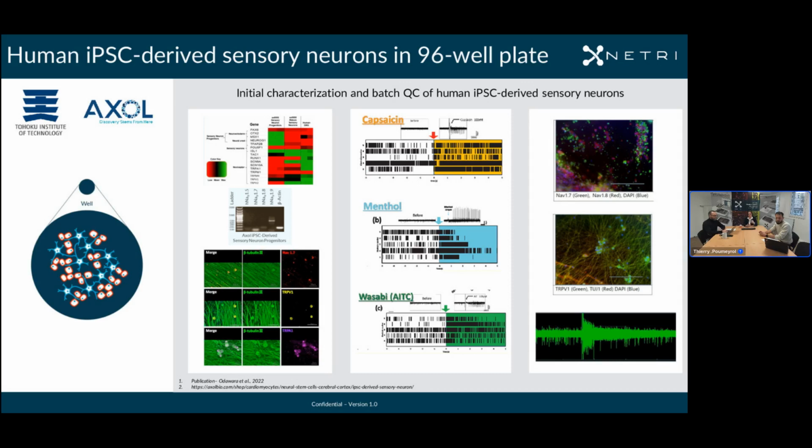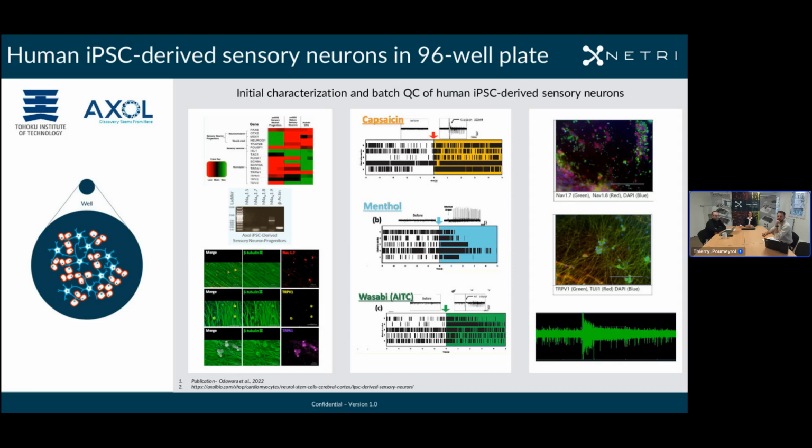Here is an example of cells from one of our cell providers and partners, Axol Biosystems. We chose them because they were able to show us characterization by molecular biology techniques, and also the presence of proteins expressed in the cells differentiated with their protocols.